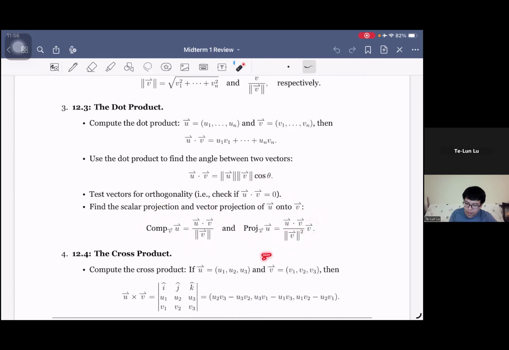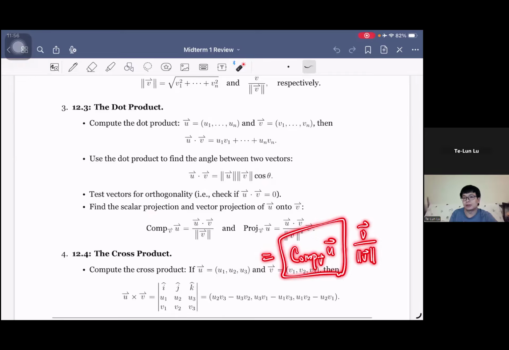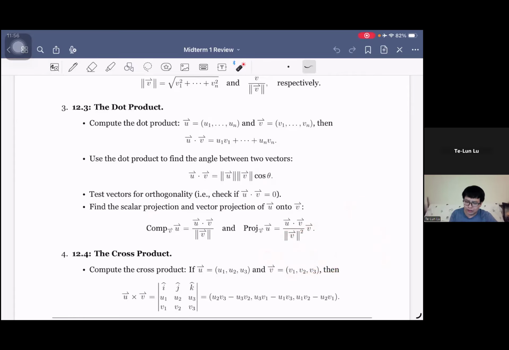So basically, this is simply the scalar projection times the unit vector. This represents both the sign and the magnitude of the corresponding projected vector, which is not that important. This is what we use mostly.